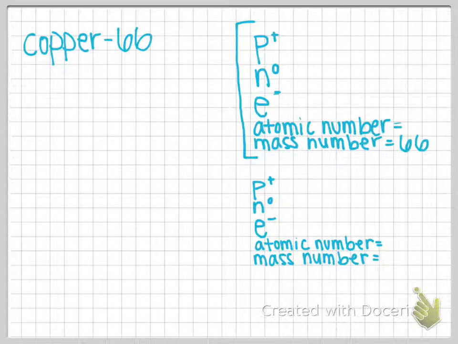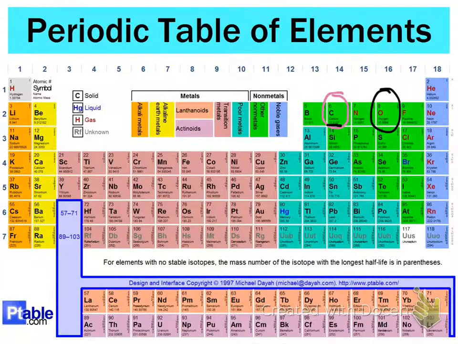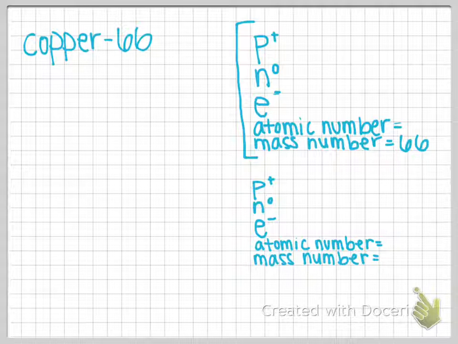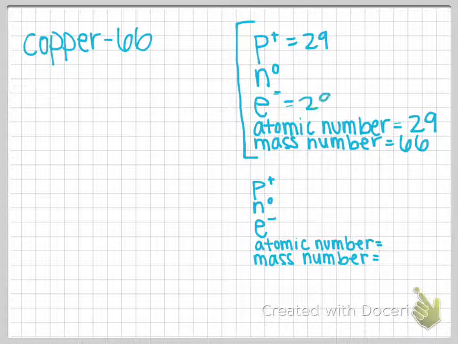We know that the element is copper, and so we could look on our periodic table and find copper, which is right here. Its atomic number is 29. Our atomic number stands for our number of protons, so protons equal 29. It also stands for electrons, so electrons are 29.